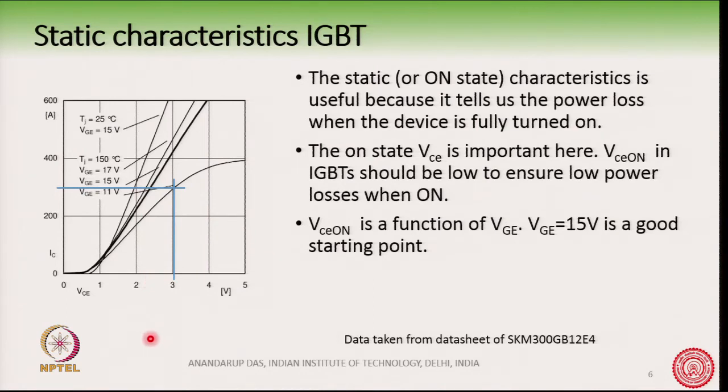So, therefore, this tells us that VGE should be sufficiently high. Usually 15 volt VGE is a good starting point for these devices. That is also recommended in many of the application notes and data sheets.